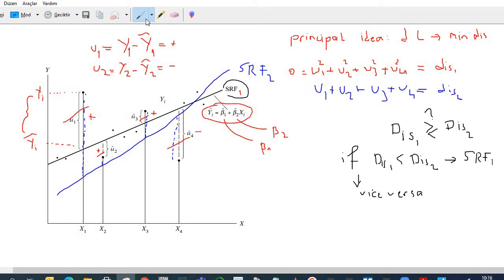So let me show a general formulation for this. In this case, from i equals 1, the first observation, to the n-th observation, we are obtaining the sum of Ui squared. So U1 squared, U2 squared, U3 squared, U4 squared.